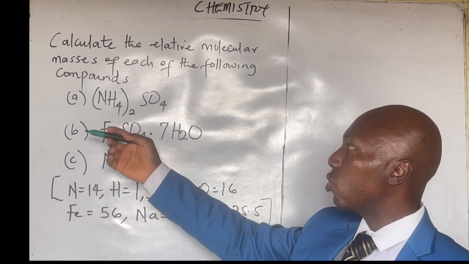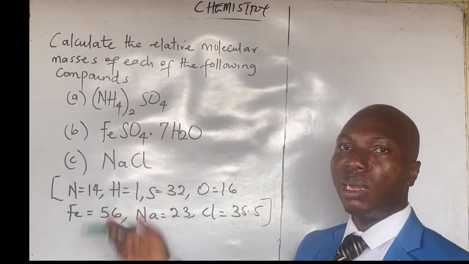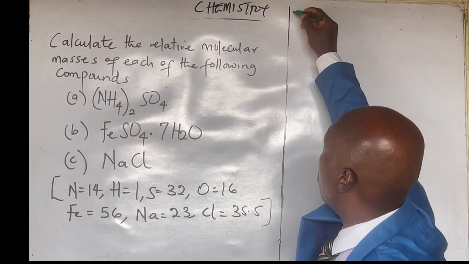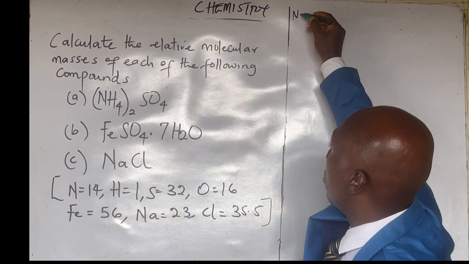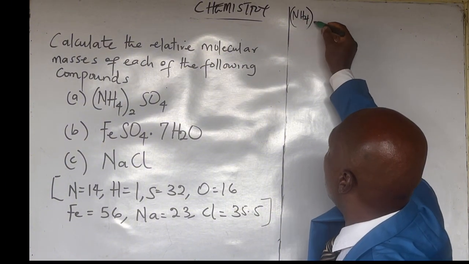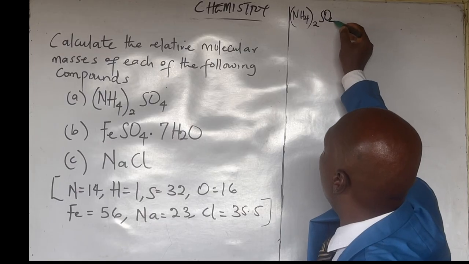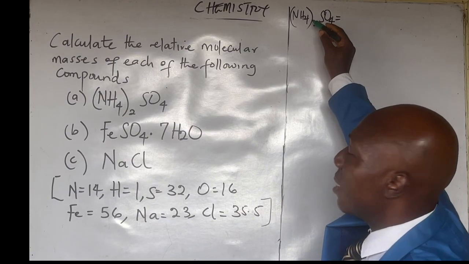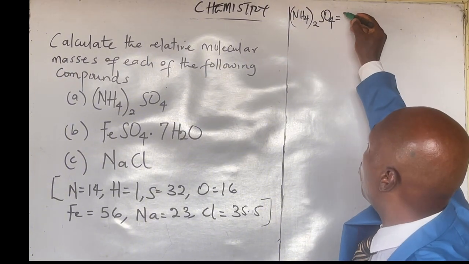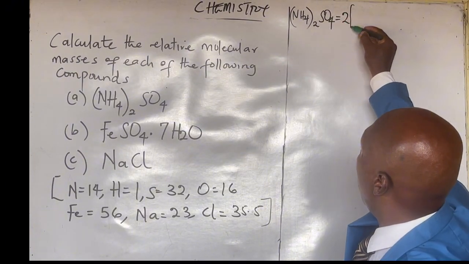So what we do is just to add the individual relative atomic masses of the elements. We have the first one, nitrogen, and ammonium sulfate. We can see that ammonium is having 2, so we have 2 into bracket.